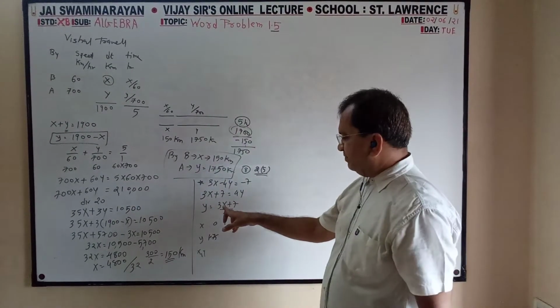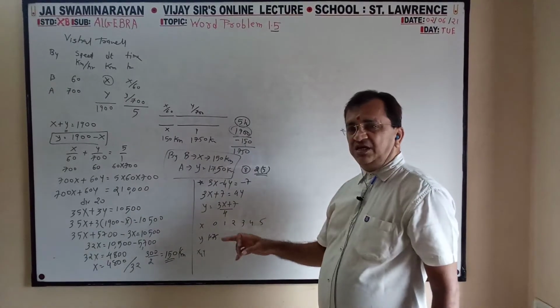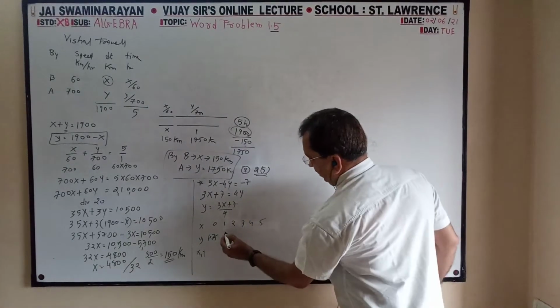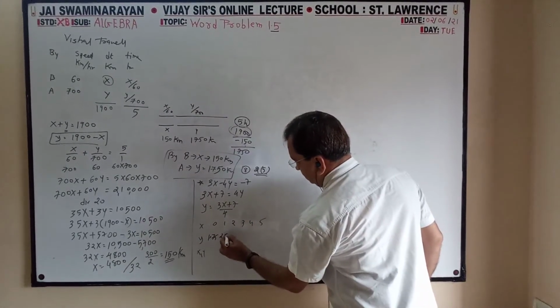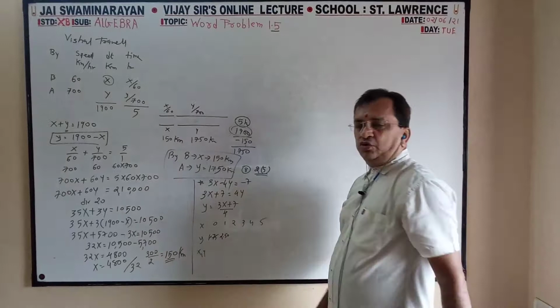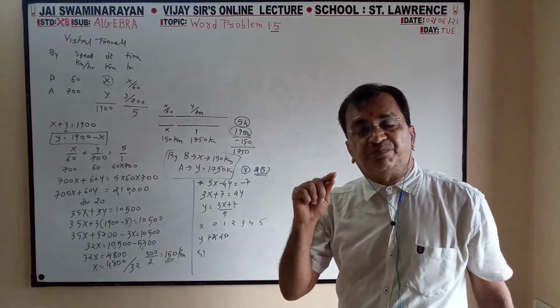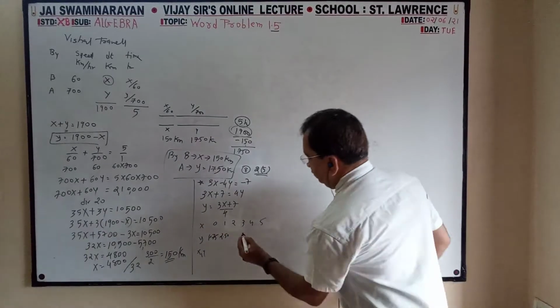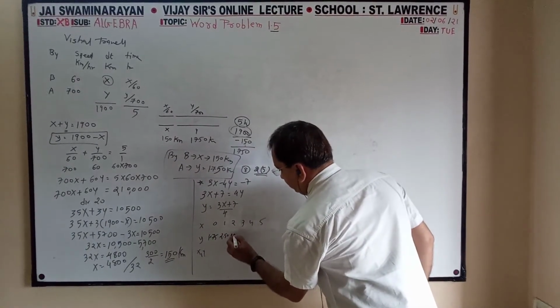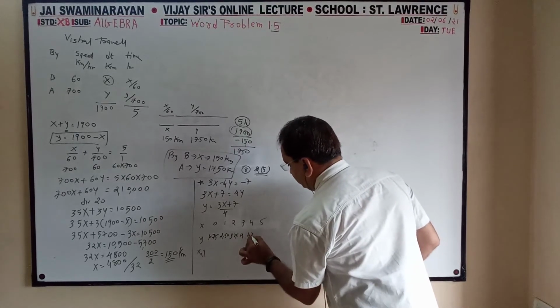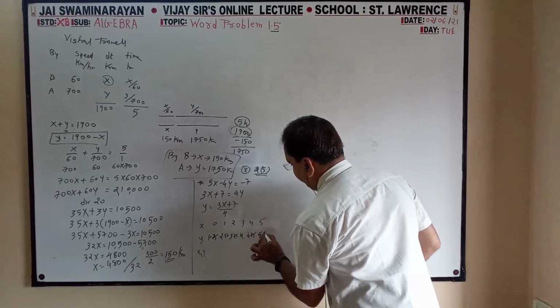Now suppose I put 1: 3 plus 7 is 10, 10 by 4 is 2.5. So 0.75 is the increase. Now this will be 3.25, this will be 4, this will be 4.75, this will be 5.5.